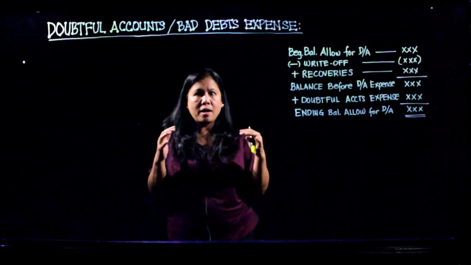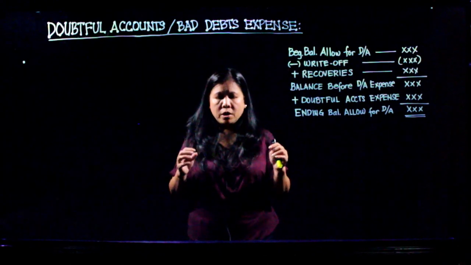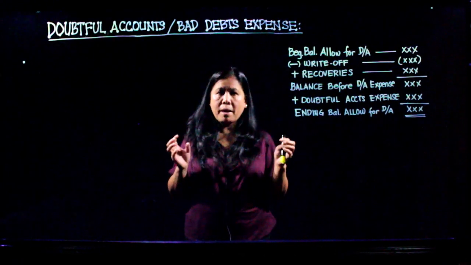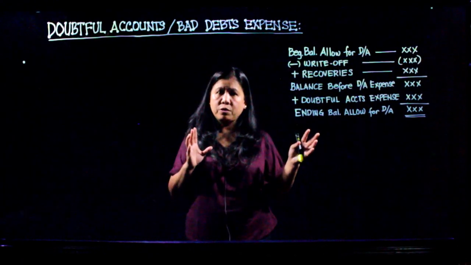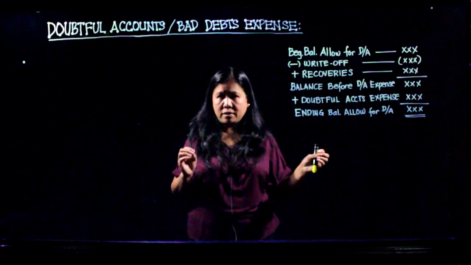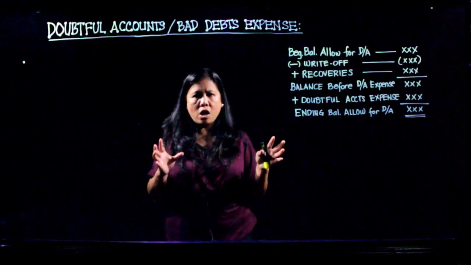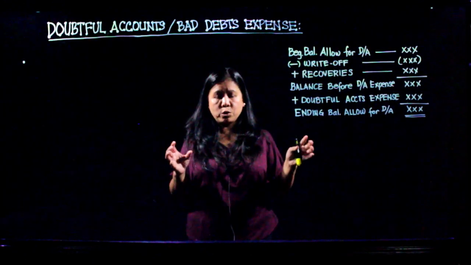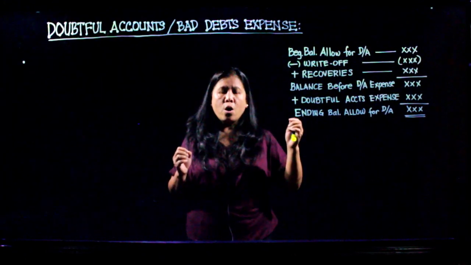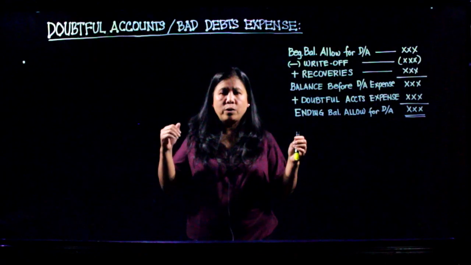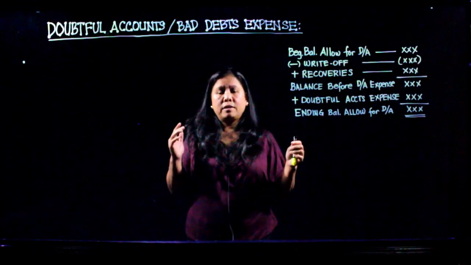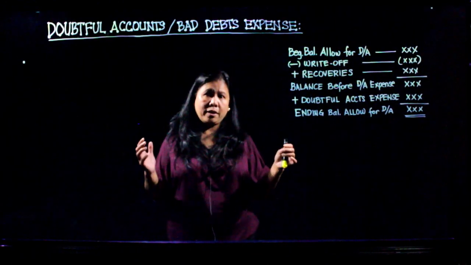On our T account, the normal balance of our allowance for doubtful accounts is on the credit side. So any credit on the allowance for doubtful accounts will increase that account, and any debits on that account will decrease it.